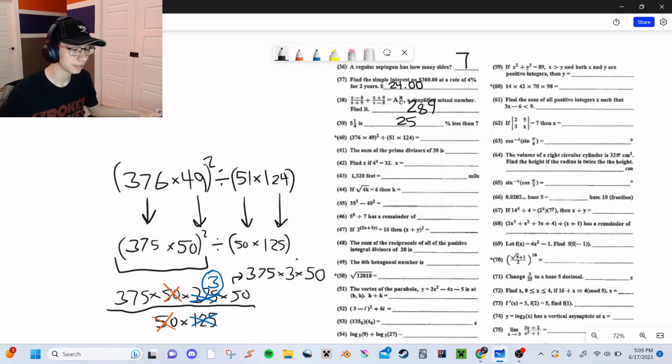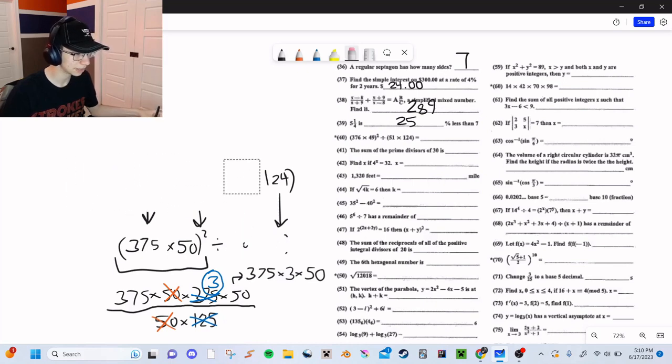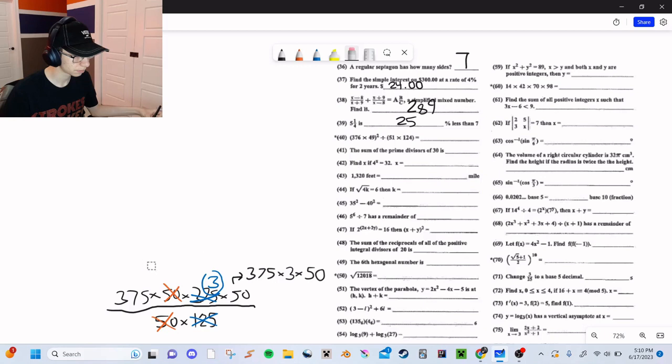So what can I do here? Well, I can multiply the 50 and the 375. Remember, multiplying by 50, oh, let me erase some of this work so I have some extra space. I'm going to do the 375 times the 50 first, and then I'll multiply by the 3 later.